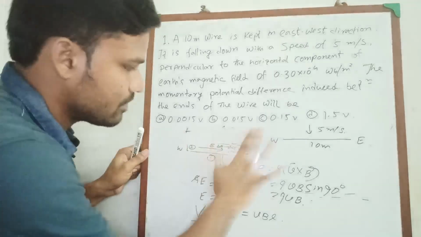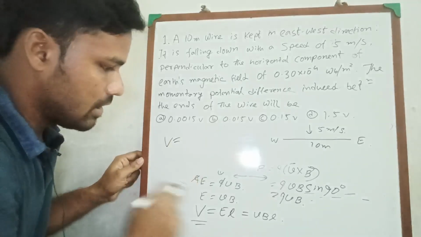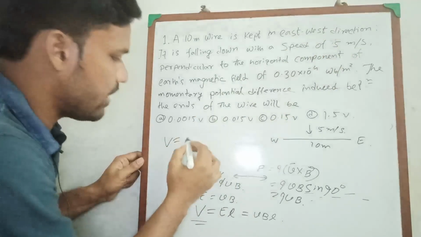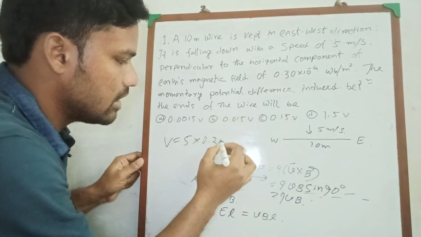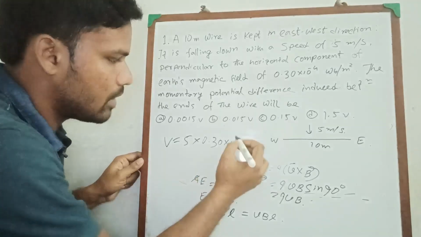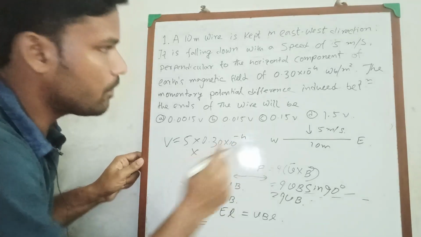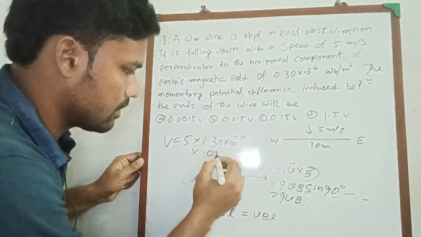So V equals, V means 5, into B is 0.30 into 10 to the power minus 4, into L, which is 10 meter.